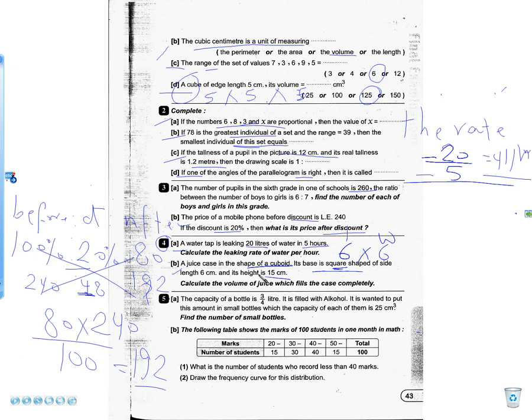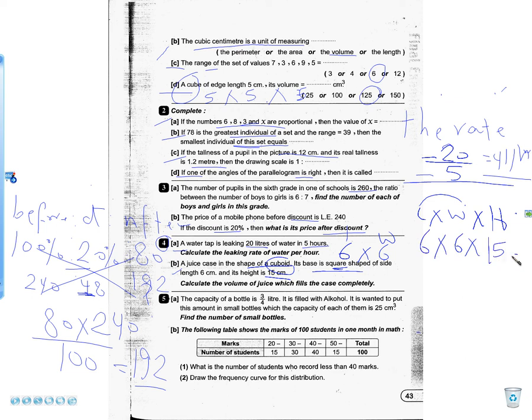Then we have the height, and we are asked to get the volume of the cuboid. The volume of a cuboid is length by width by height. Since the base is a square, the first two are equal: 6 by 6 by 15.